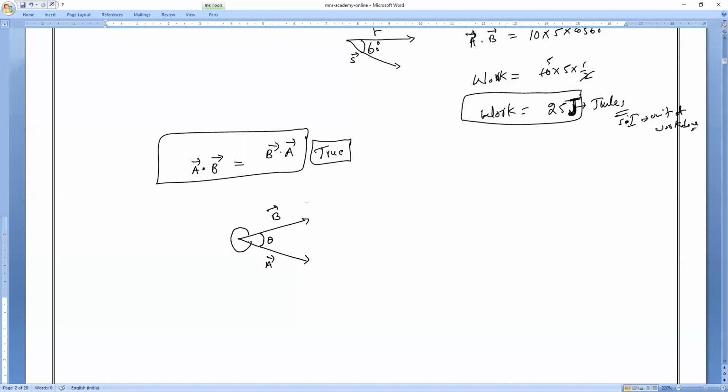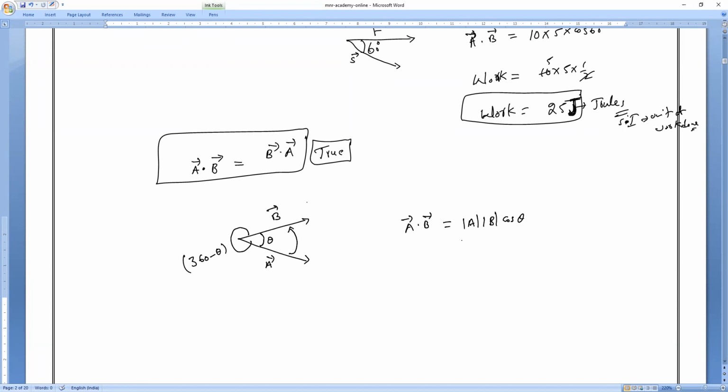So the outer angle, observe very carefully: if the inner angle is theta, then the outer angle will become how much? 360 minus theta. First, A to B, I will find it. So this is A to B. What is the dot product of A to B? A dot B is equal to mod A into mod B cos theta.